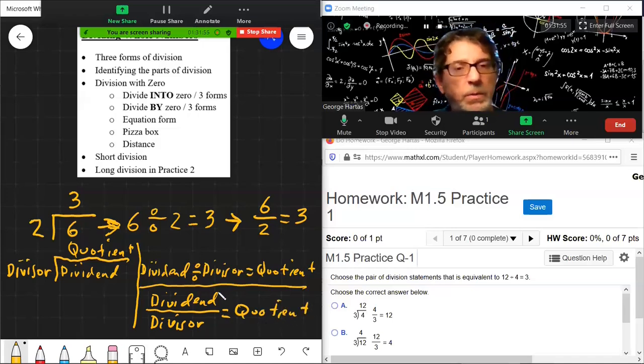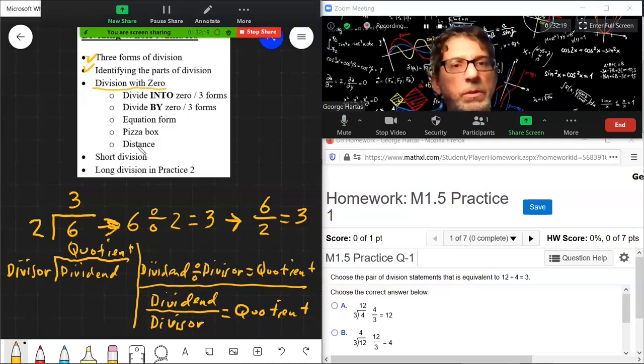All right, so get familiar with these 3 different ways to represent division. Now a topic that comes up a lot and a lot of students have misunderstanding is this whole division with zero situation.